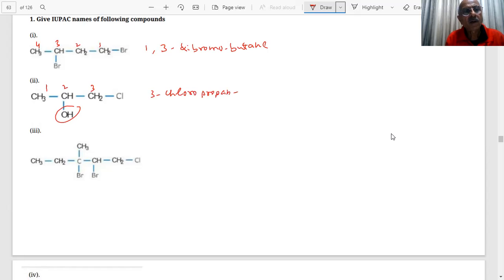But sir, if we start from the other side also, then also OH will get the 2 position only, no? Okay, then start from the other side: 1, 2, 3. So sir, then what does it become? 1-chloropropan-2-ol. Okay, all right.